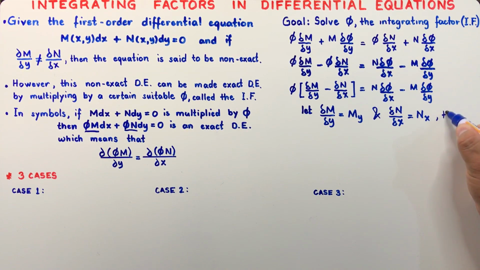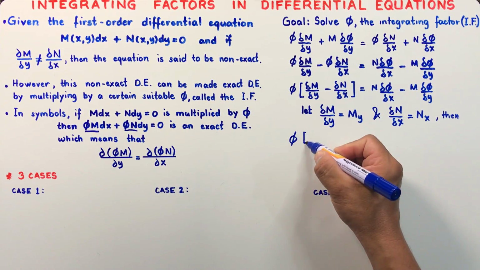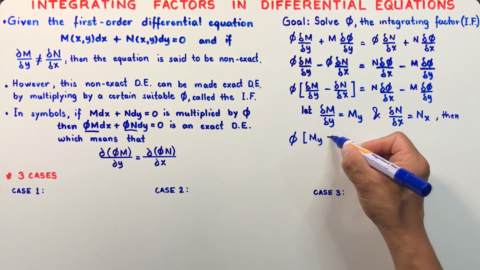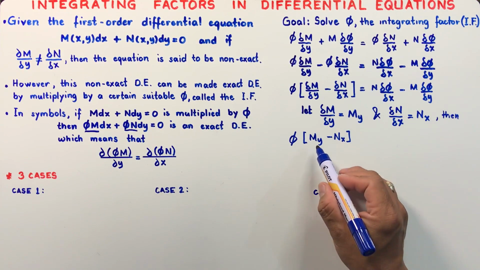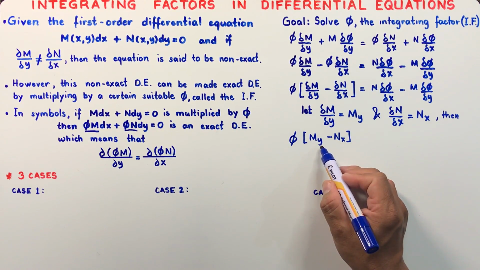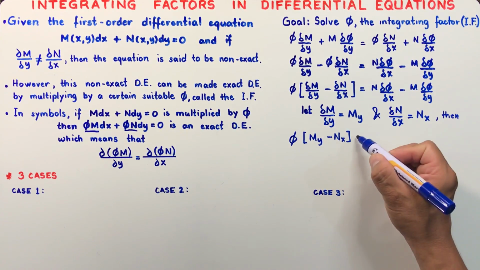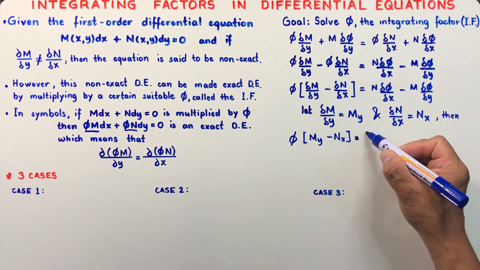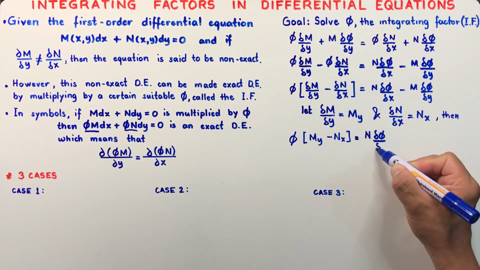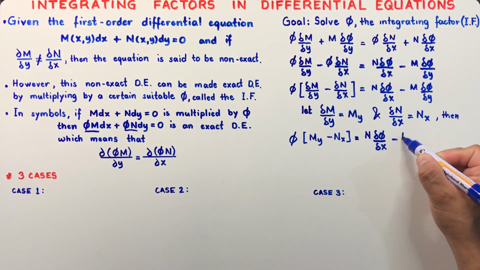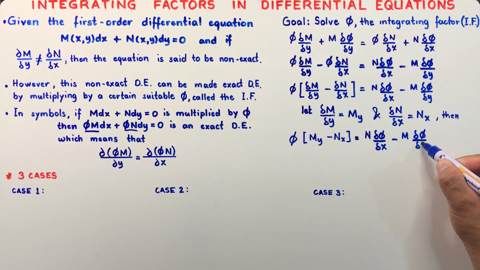So we can write this equation as phi times M sub y minus N sub x, which means the partial derivative of M with respect to y minus the partial derivative of N with respect to x, equal to N times the partial derivative of phi with respect to x minus M times the partial derivative of phi with respect to y.